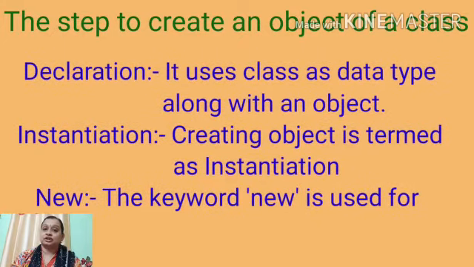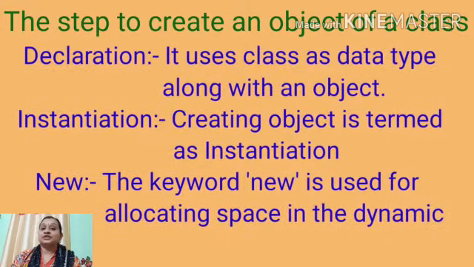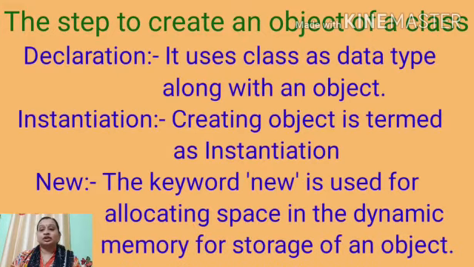The process of creating an object is known as instantiation. New is a keyword. The new keyword is used for allotting space in the dynamic memory for storage of an object. So whenever we create an object, we use the new keyword.